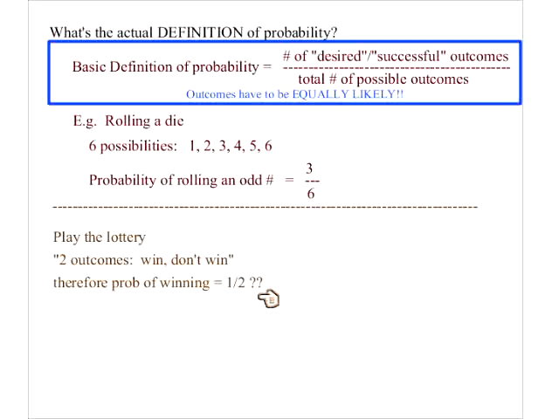That's definitely not true. I would be going out and buying lottery tickets right now if there was a 1/2 chance of winning. Back up to our definition here. A couple of you gave me what we're looking for from a theory standpoint, but you're not applying it. It's because the outcomes are not equally likely.